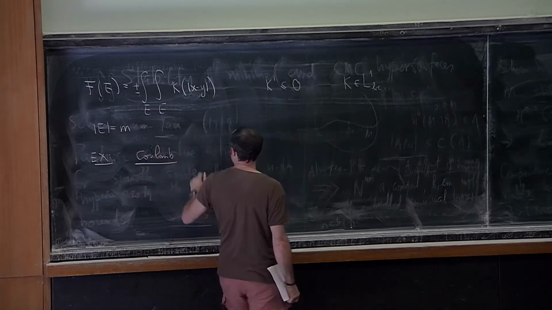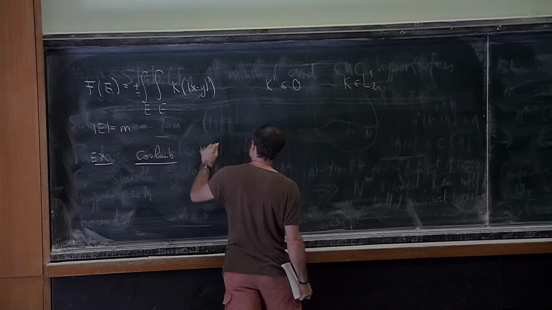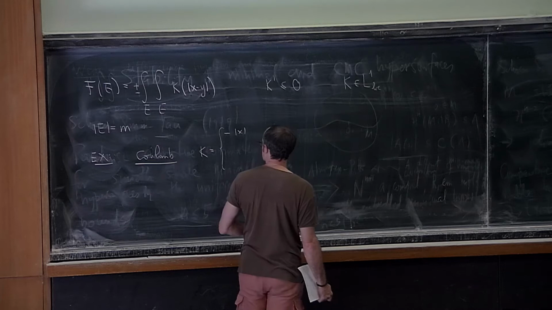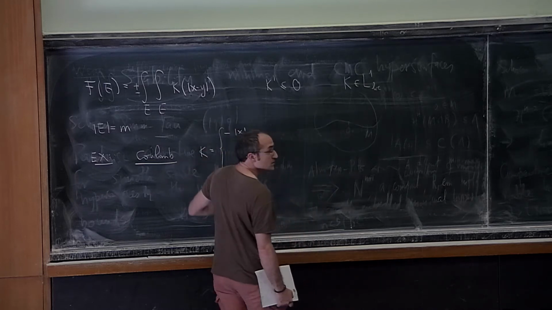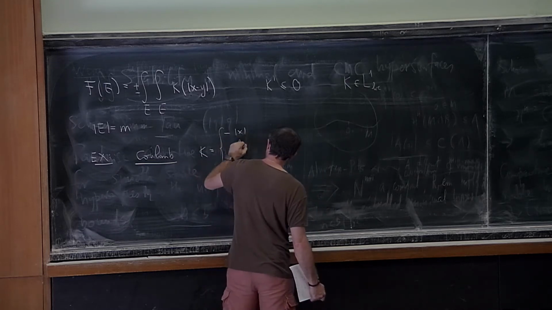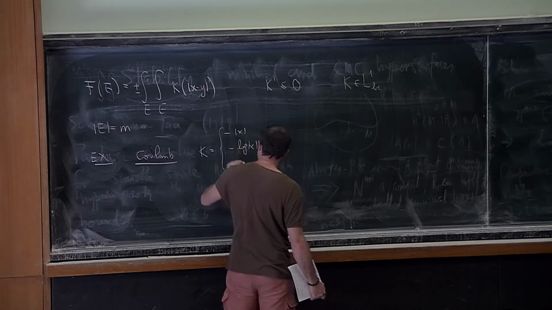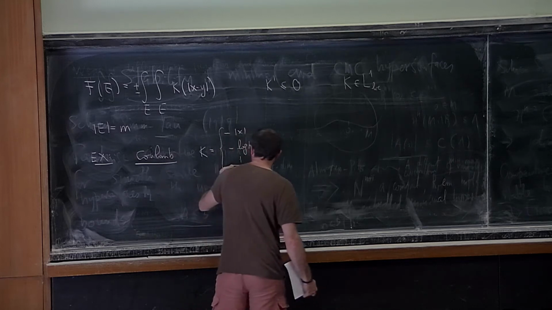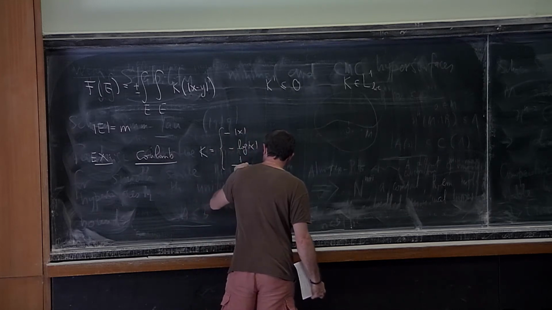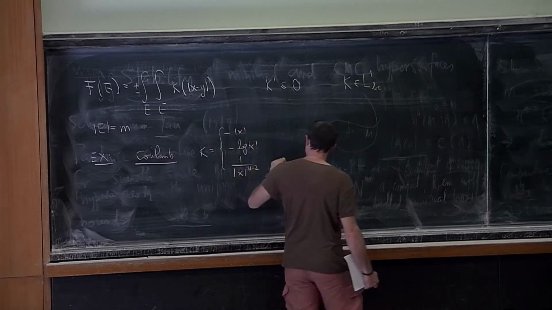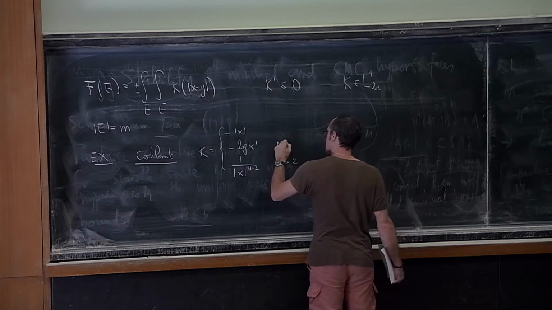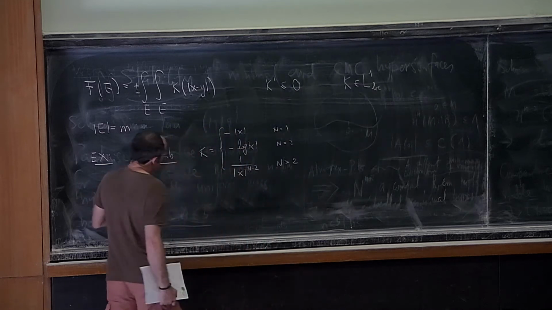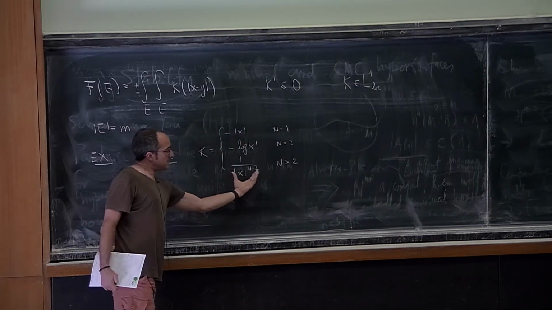Up to constants, K is minus modulus of x in dimension 1, it's log of x in 2D, and in general it's modulus of x to the n minus 2, in dimension n. There are constants here, but they're not important.